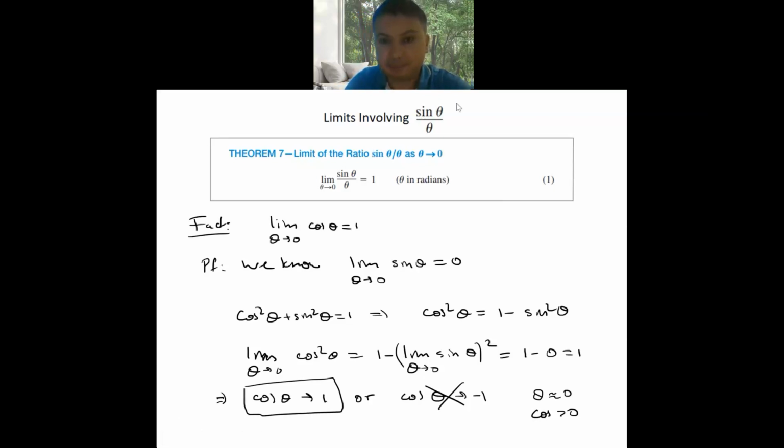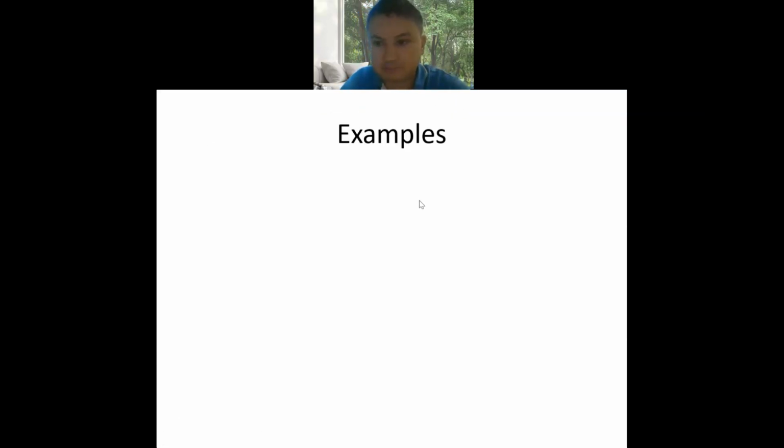Okay, let's do some examples. One of the standard examples of using this theorem is the following. Find the limit as x goes to 0, you can also use theta, but let's use x, of sine 4x divided by sine 7x.